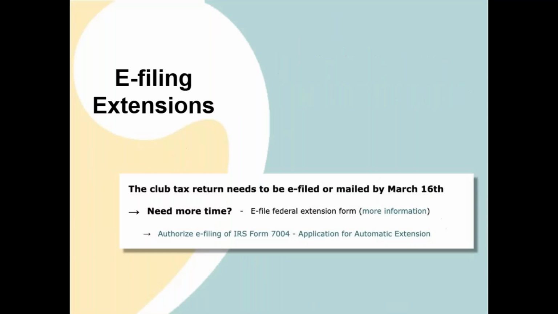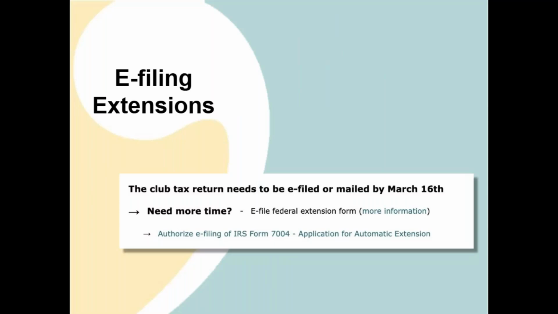Now, one way you might avoid penalties is to submit an IRS extension request. Filing an extension allows your club time to submit or resubmit your tax return up until September 15th of 2026. You can e-file your 1065 federal extension request using bivio for no extra charge. Extensions are included in your bivio subscription.